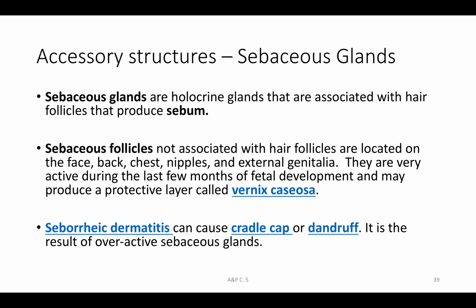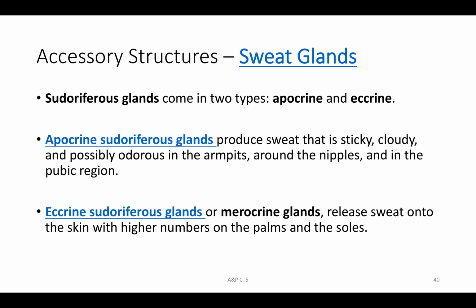Then we took a look at glands. You have different types of glands. You have sebaceous, or oil glands, that produce sebum. You have pseudoodiferous glands, which can be apocrine or eccrine. Apocrine glands produce sweat that's sticky and cloudy. This is going to be found in your armpits, around your nipples, in the pubic region. Apocrine pseudoodiferous glands are the glands that are going to produce your BO sweat.